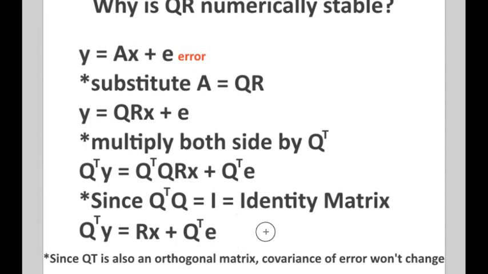To make it more clear, this term covariance, and there's a much more technical definition of it, all it's saying is that if one variable changes, the other variable changes.